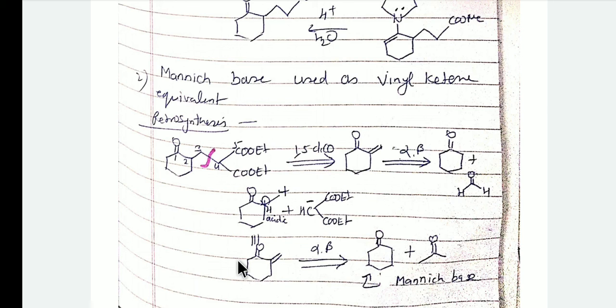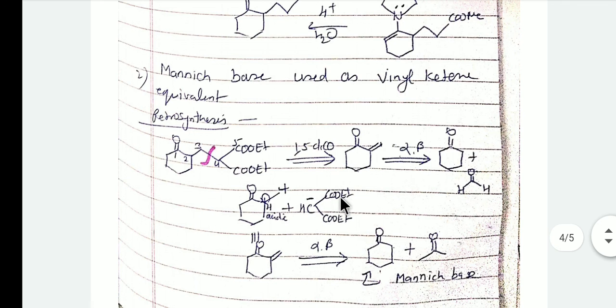And the other synthon, the negative synthon, is CH minus (COOEt)2, and by adding a proton to this synthon we get CH2(COOEt)2, which is diethyl malonate.